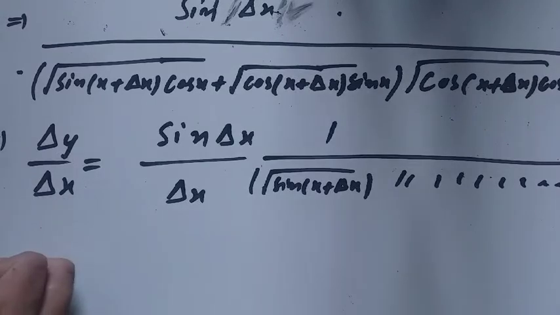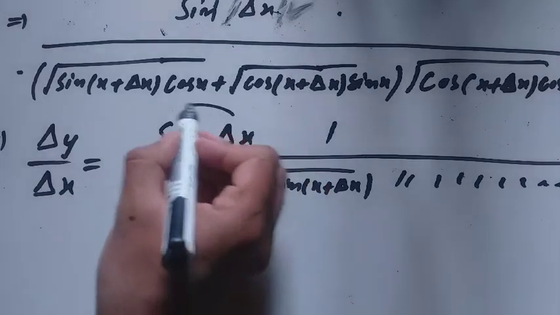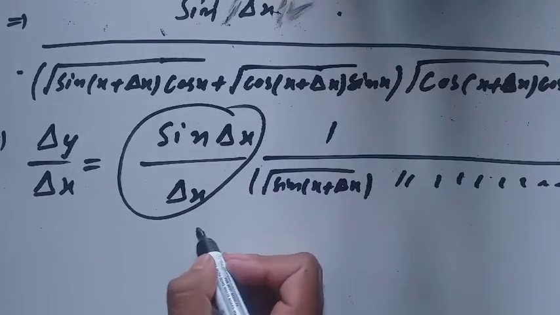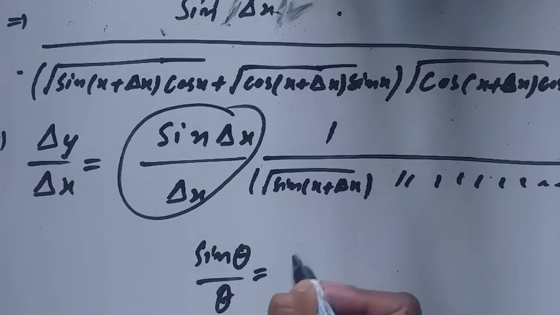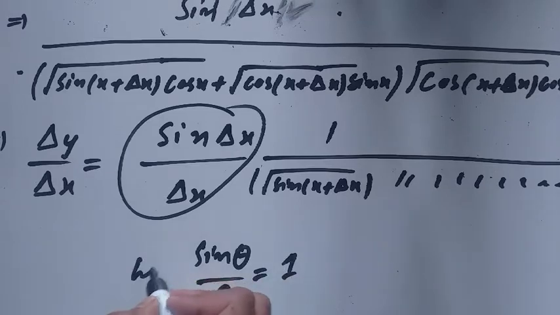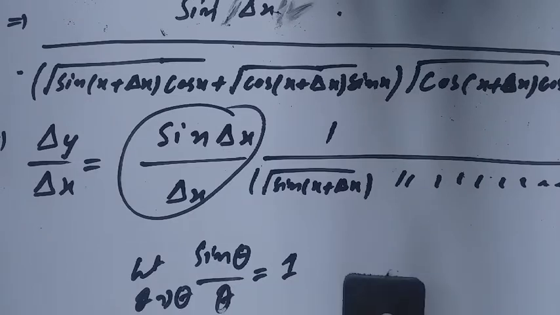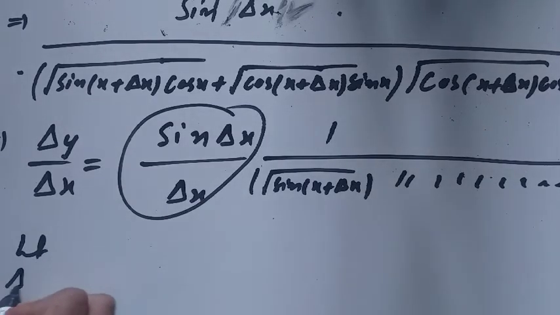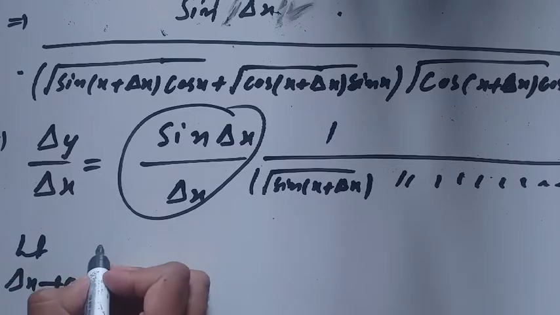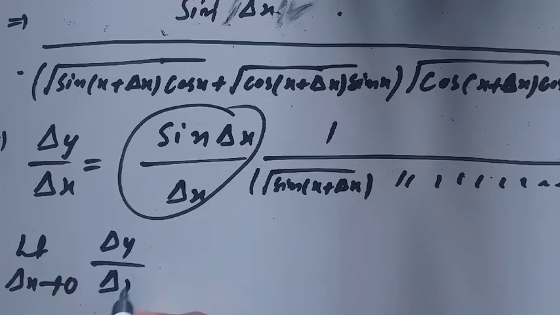Now, when we approach this, this comes out to be 1. As you know, this sine theta divided by theta is equal to 1 when we approach limit theta approach to 0. All right. When we approach theta is equal to 0, this becomes 1. Now let me approach limit delta x approach to 0. This becomes delta y divided by delta x.